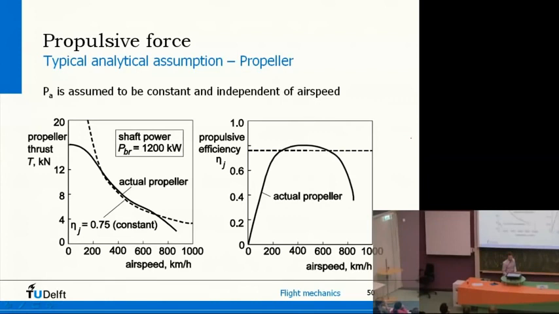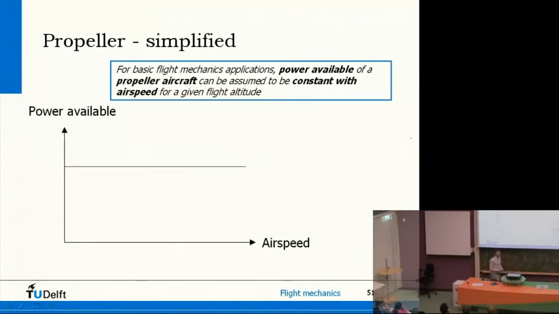And this is the final thing, this is why we can assume that for a propeller aircraft, since we can apply different blade pitches throughout the airspeed range, you can actually say that power available, which depends on this efficiency, is pretty much constant as a function of airspeed.